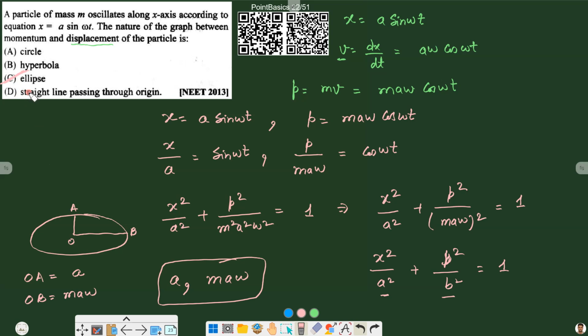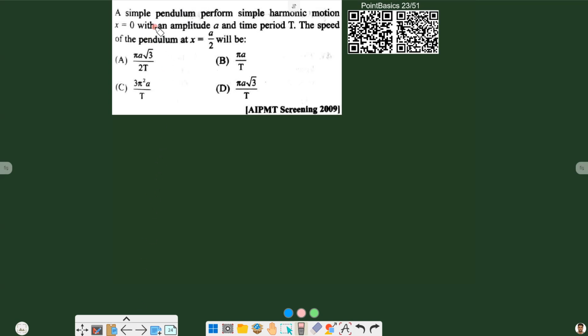Now going to next question. A simple pendulum performs simple harmonic motion about x equal to 0 with amplitude a and time period t. Find the speed of the pendulum when x is equal to a by 2.